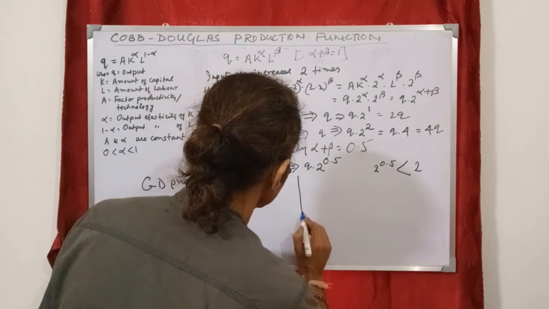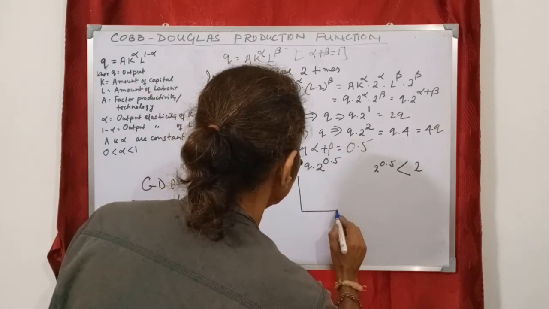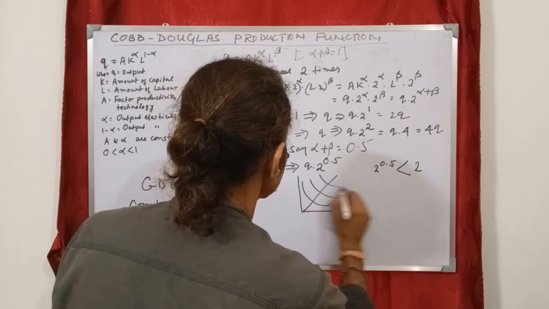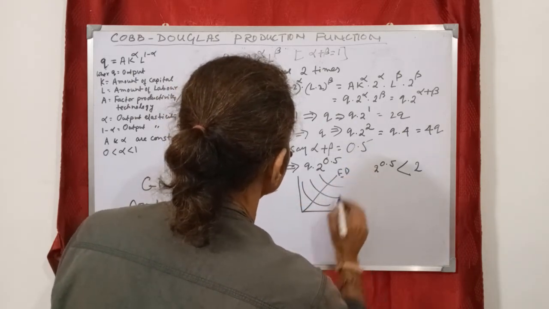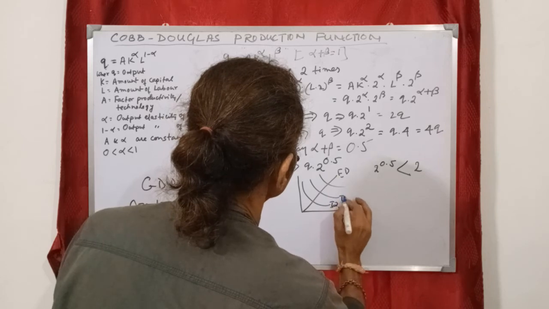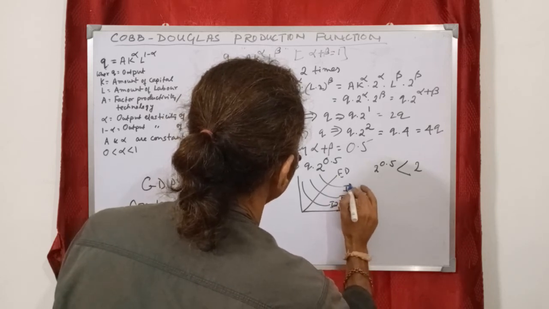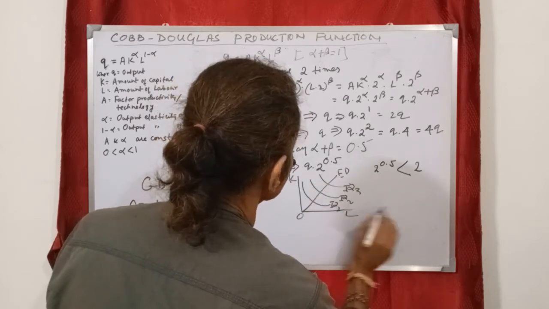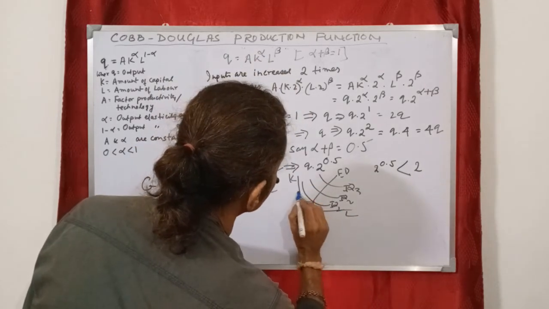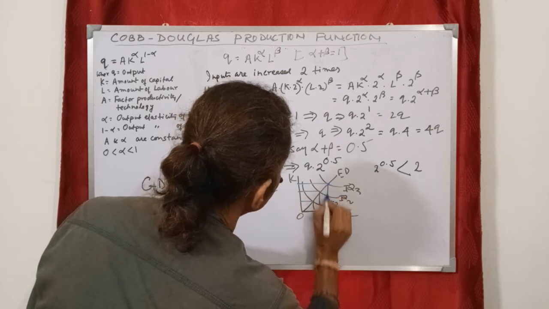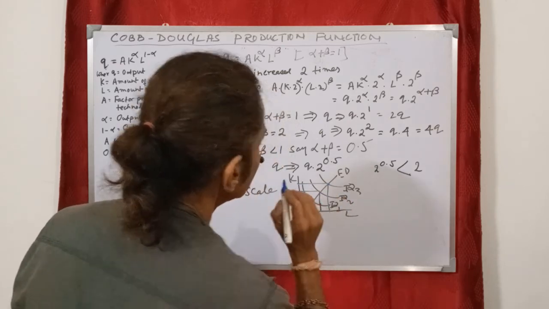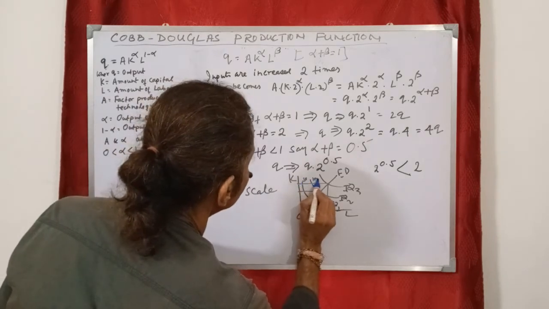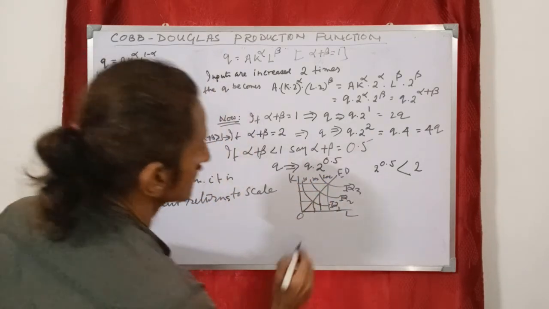That is what I drew a few minutes back. This is the expansion path. This is IQ1, IQ2 and IQ3. If inputs are increased 2 times, output is also increasing by 2 times. Say 50, 100 and 200.